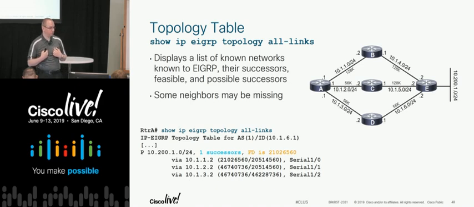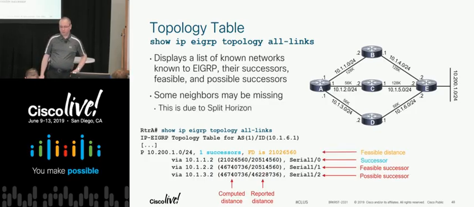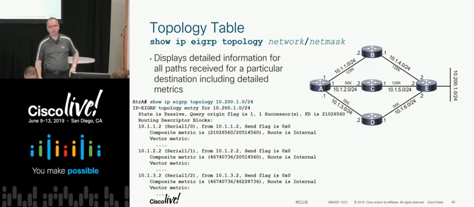That is normal. That's not a problem. We can also go further, and if we do show ip eigrp topology and then specify the network, you then get all the vector metrics, as we call them, details for the particular entry with the delay, bandwidth, reliability, load, MTU, and other stuff.